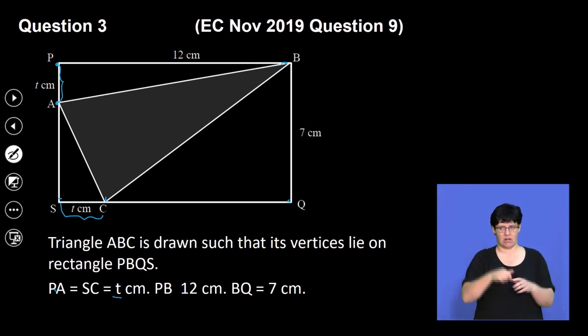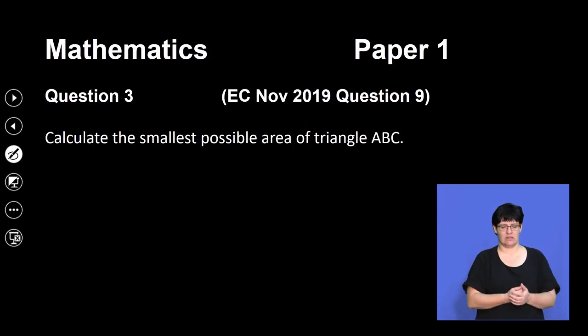PB is equal to 12 centimeters, and BQ is equal to 7 centimeters. So that's all the information that we have. And we're then asked to calculate the smallest possible area of triangle ABC.